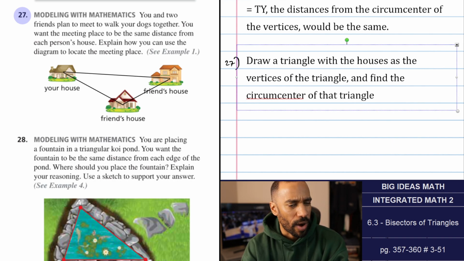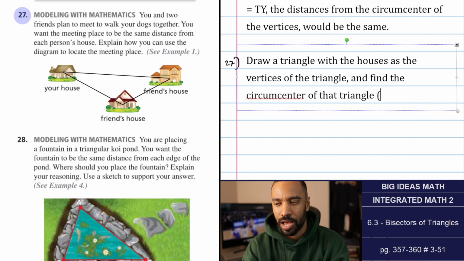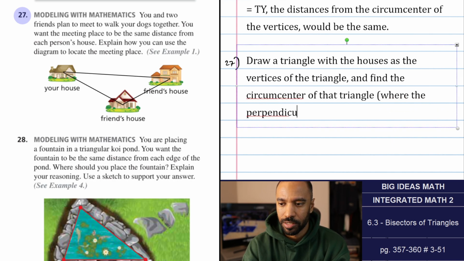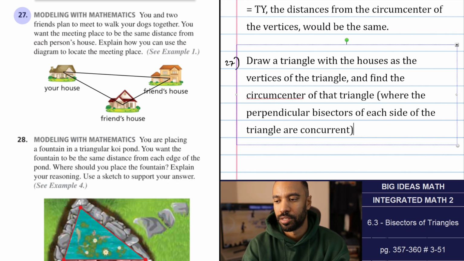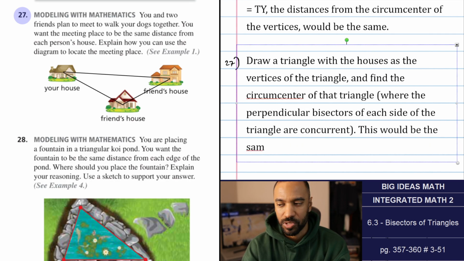I don't know if I need to describe all the stuff, but where the perpendicular bisectors of each side of the triangle, or two of the three sides, are concurrent. This would be the same distance from each person's house.